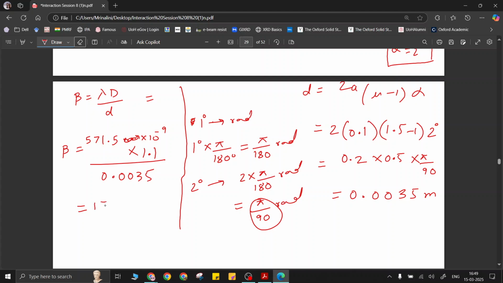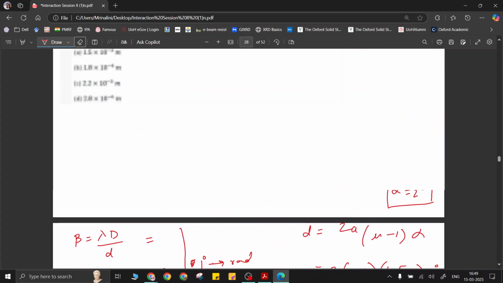Let me write: 179,614.2857 multiplied by 10 to the power minus 9. When I take care of this 10 to the power minus 9, it will be 1.796 times 10 to the power minus 4 meter. So our answer is 1.796.